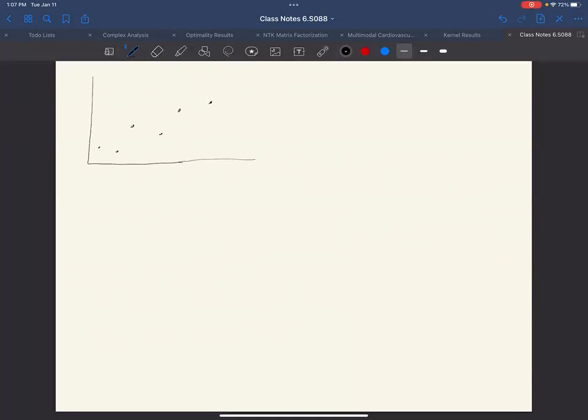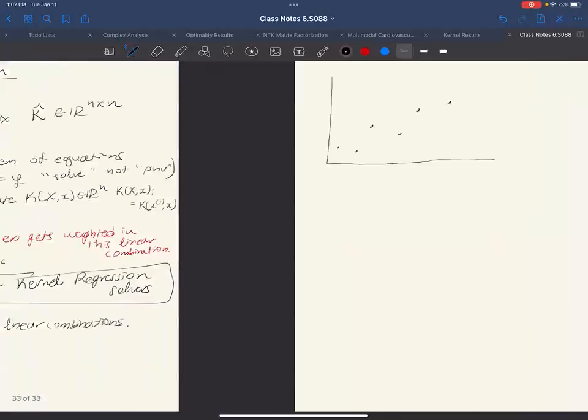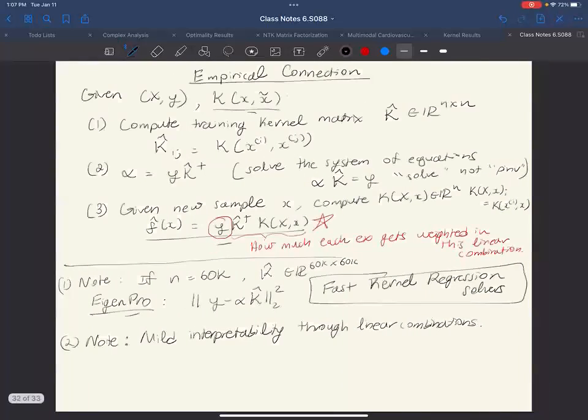I should mention a couple of things here. Unlike the case of linear regression, where it's possible to not achieve zero training error, because you're solving kernel regression in a huge space, for most of these kernels an infinite dimensional space, you're able to solve this system of equations exactly. That means you always interpolate the training data and achieve zero training error. Of course, there are ways around this.